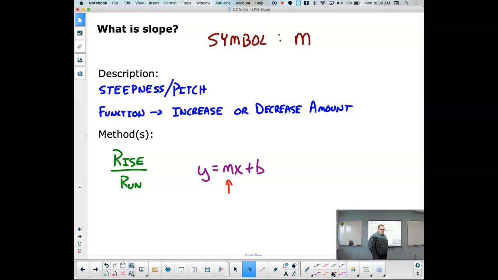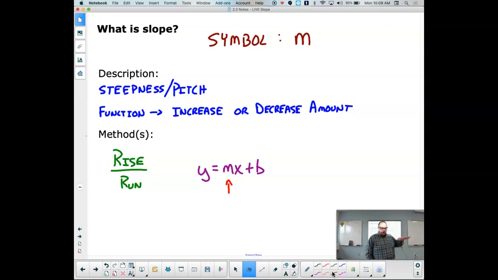So the symbol for slope is m, and that's actually because it was a French mathematician that determined the concept of slope way back many, many moons ago. And in the French language, he associated it with climbing a hill.